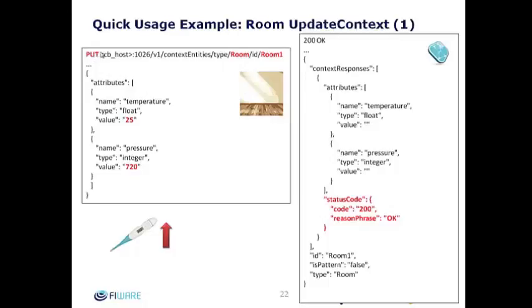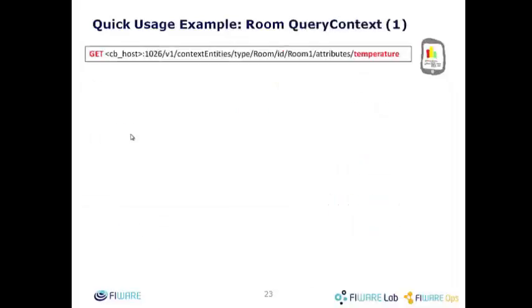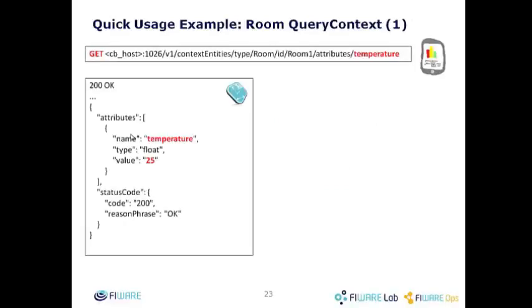See, it's a PUT method for the room 1, and it's updating both the temperature attribute and the pressure attribute. Then, of course, if you get the attributes using a client, you'll get the new values. This is just to show you how it works.